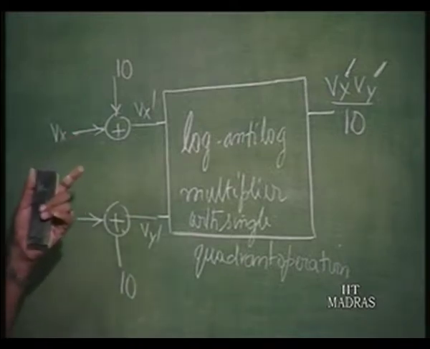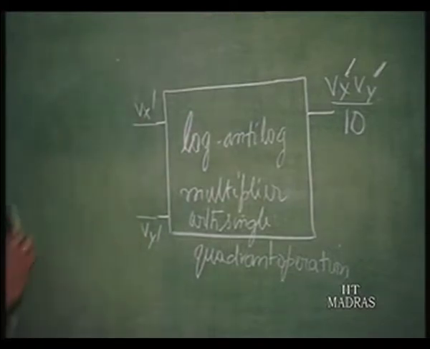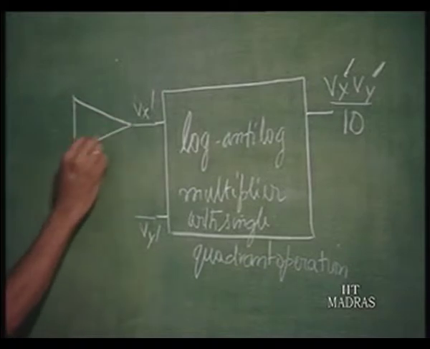So, this can be easily done with the help of an op amp. This op amp I do not have to really draw, because all of you know how to do it.